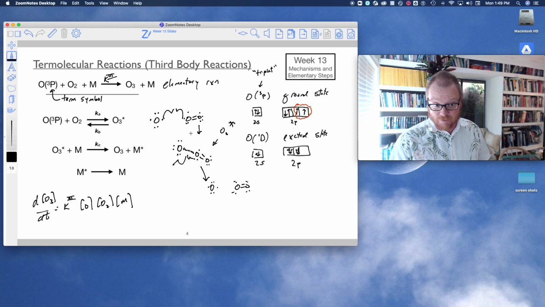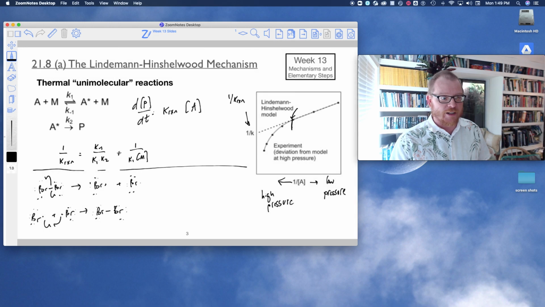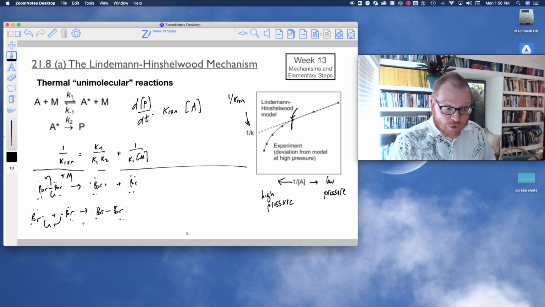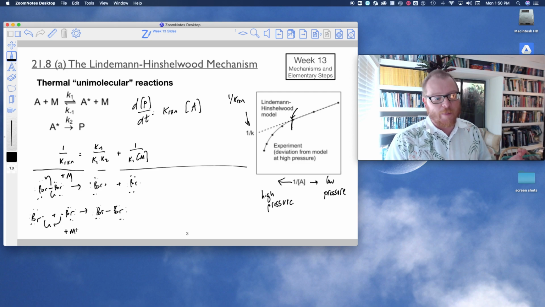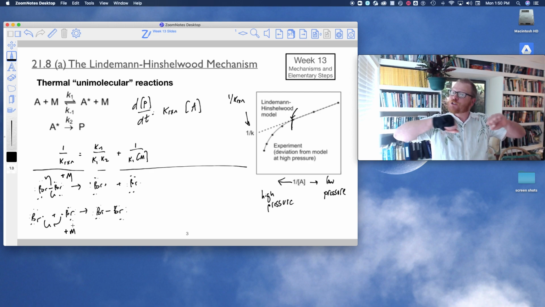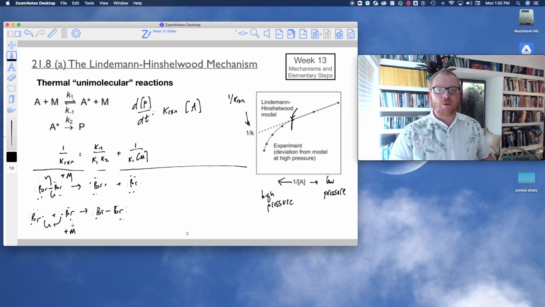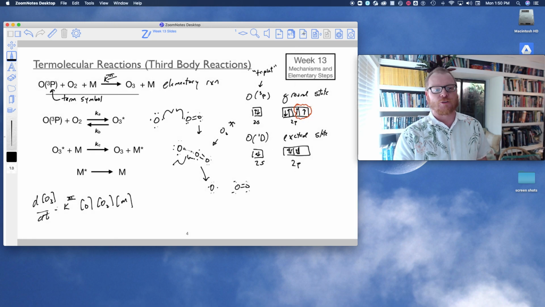In the Br2 example, let's go back to this, we need a plus M to get that bond to break. However, in this scenario, we need the third body to stabilize these two radicals reforming. So these third bodies or second bodies are very interesting, very dynamic in chemistry.